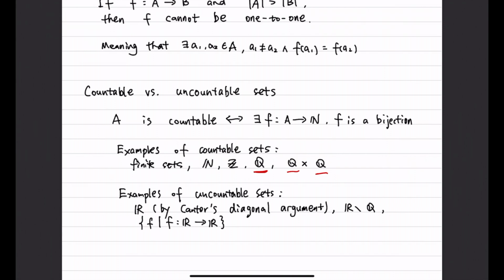A related uncountable set is the set of irrational numbers, or the real numbers minus the rational numbers. And here is another example of an uncountable set: the set of functions from real numbers to real numbers. This set is also uncountable.